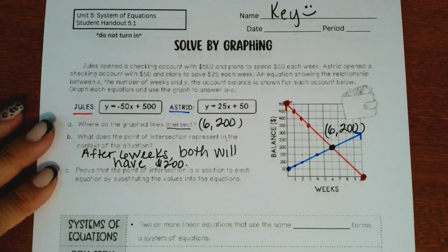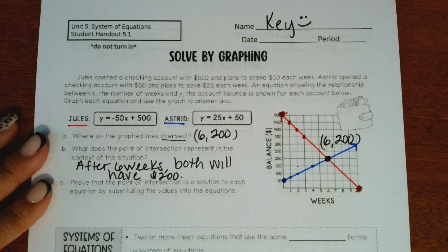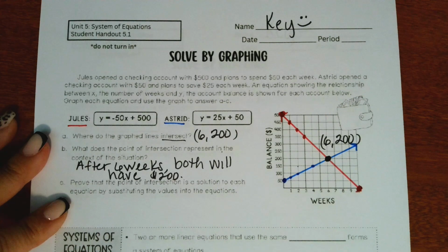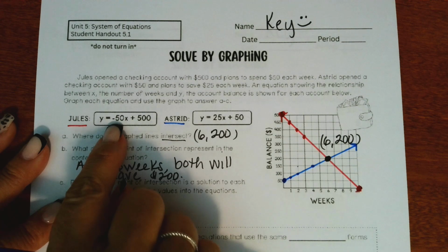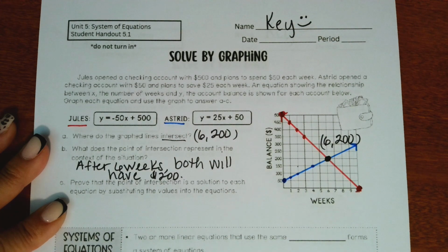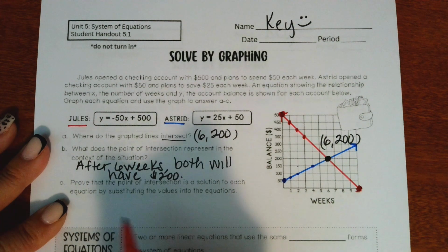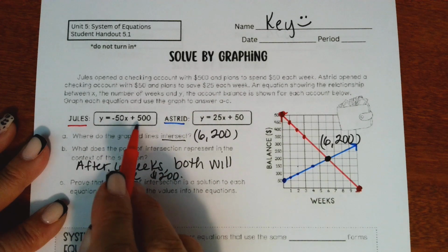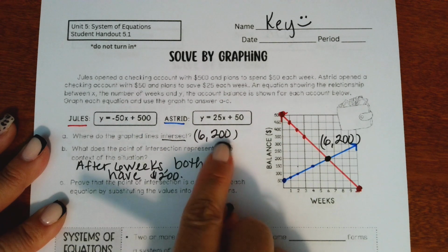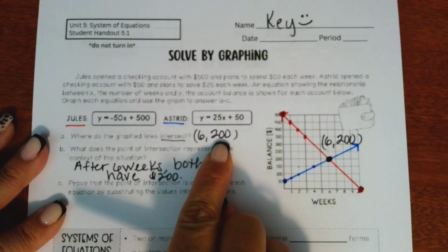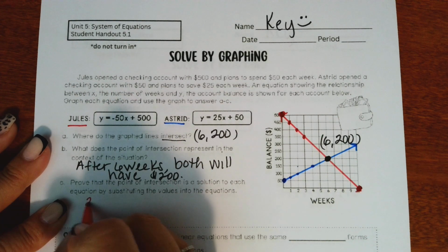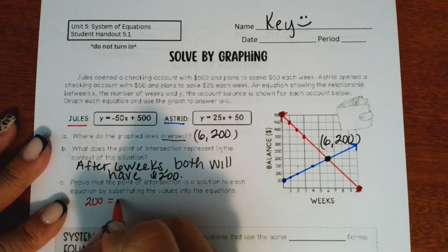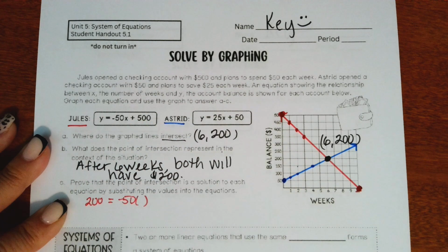All right, C says, prove that point of intersection is a solution to each equation by substituting the values into the equations. So we're going to prove it. So let's take Jules. Jules is y equals negative 50x plus 500. But instead of y, we're going to substitute the 200. So we have 200 equals negative 50.